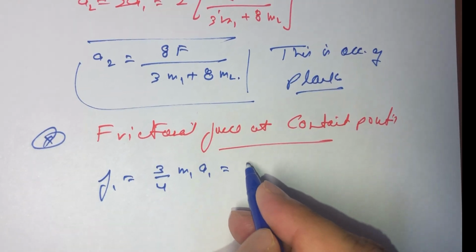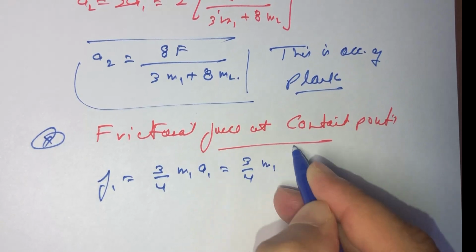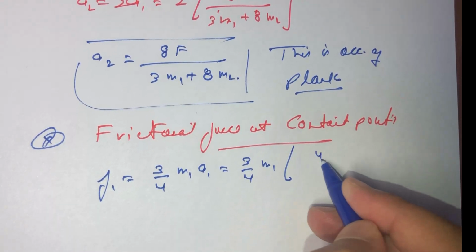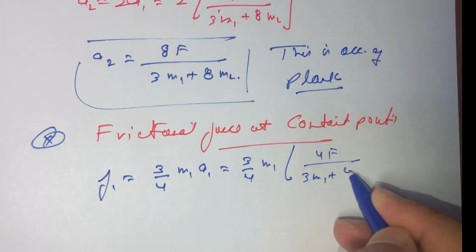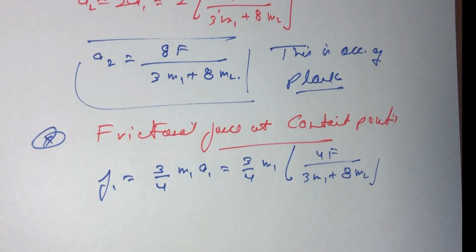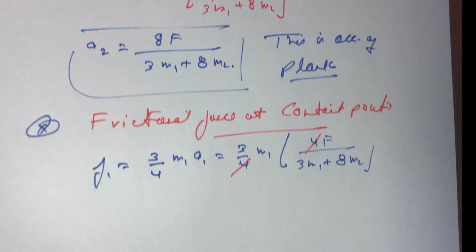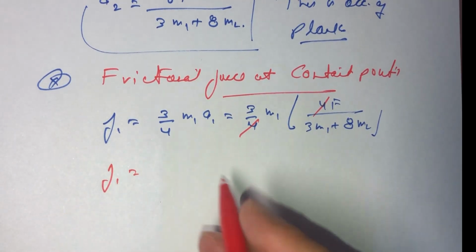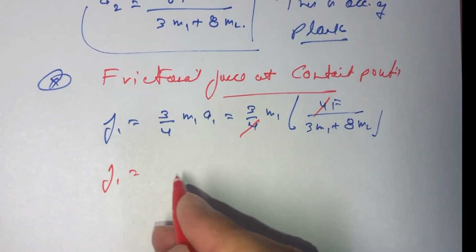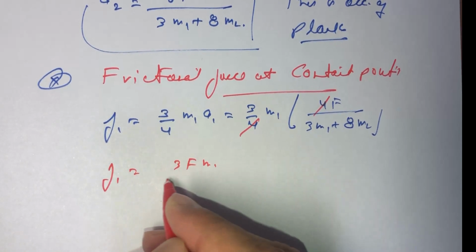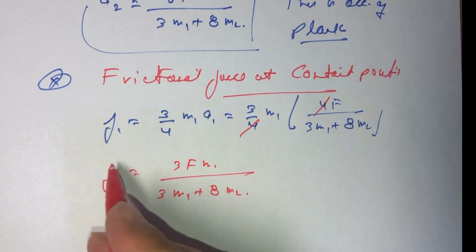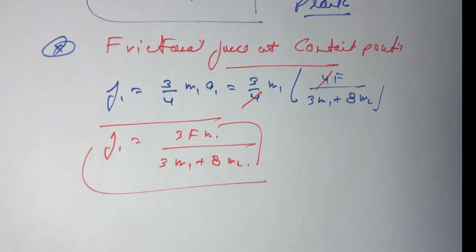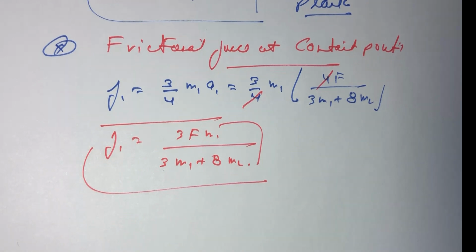Substituting the value of a1, we get 3 by 4 m1 times 4F divided by 3m1 plus 8m2. This 4 goes with the 4, so we get F1 is equal to 3Fm1 divided by 3m1 plus 8m2. So this is the frictional force at the contact point between the plank and the cylinder.